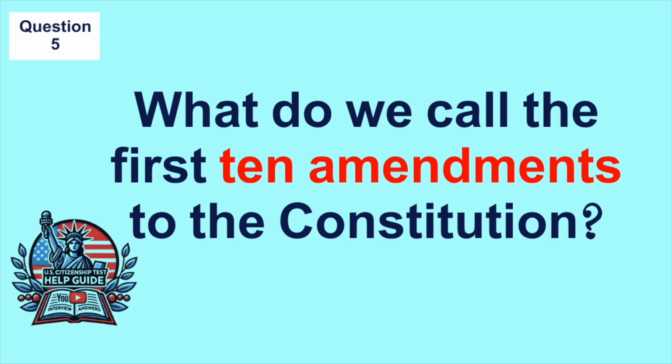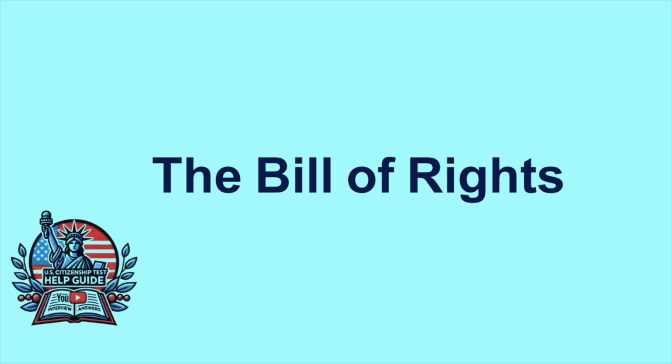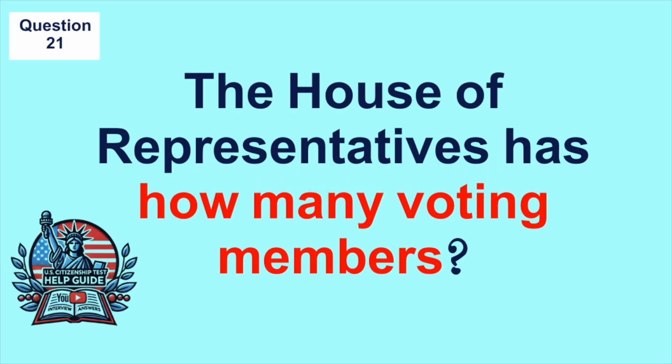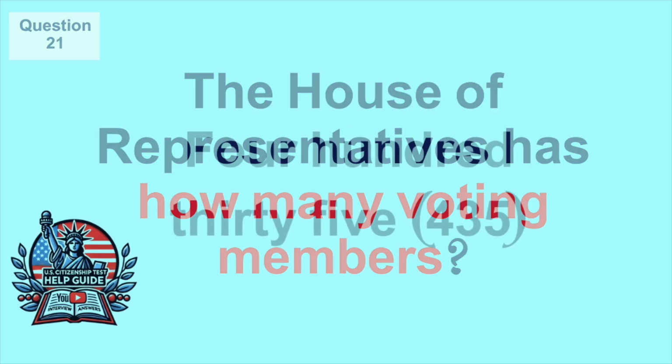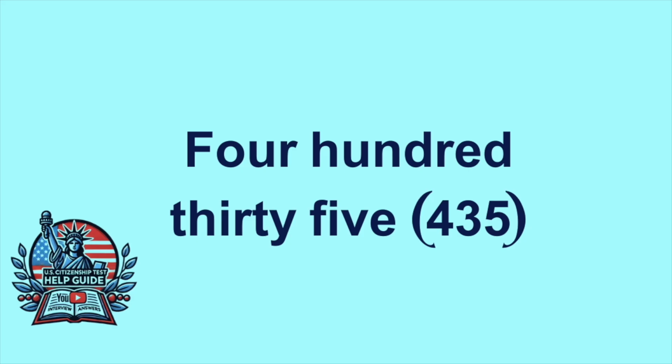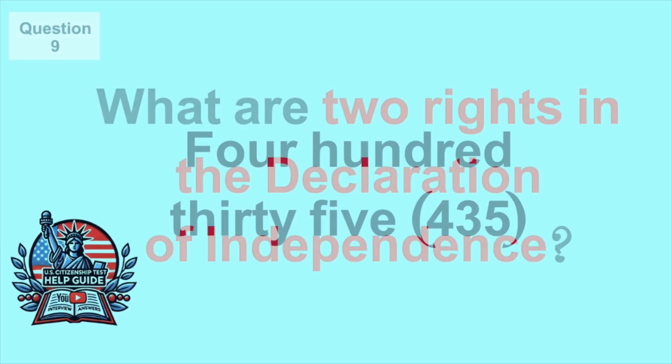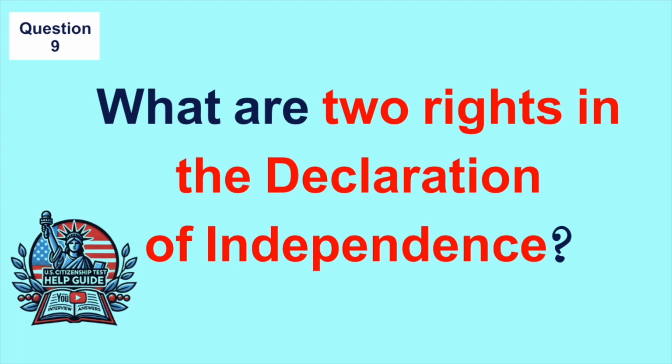What do we call the first 10 amendments to the Constitution? The Bill of Rights. The House of Representatives has how many voting members? 435. What are two rights in the Declaration of Independence?